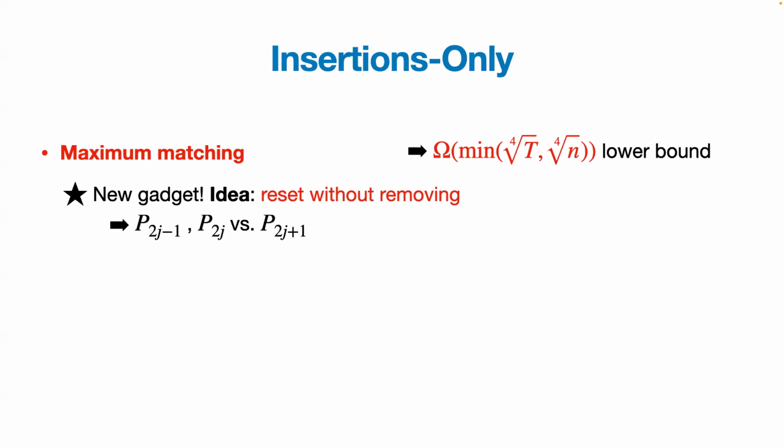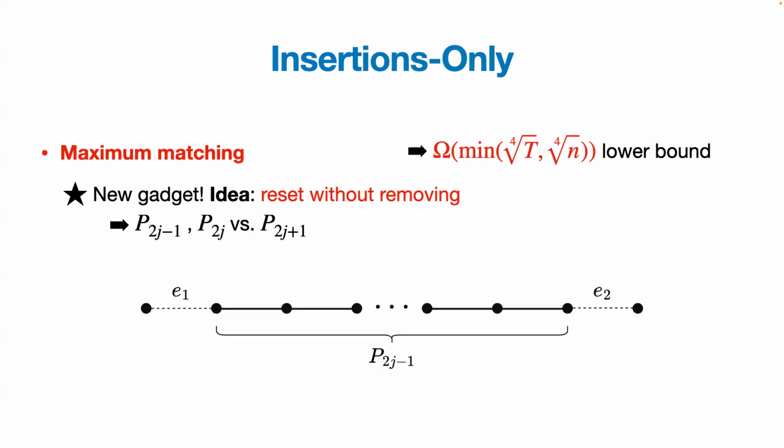The key observation here is that the size of maximum matching for a path of length 2j minus 1 or 2j is j. But for a path of length 2j plus 1, it's j plus 1. And these are going to be the two different cases of the AND gate that we want.